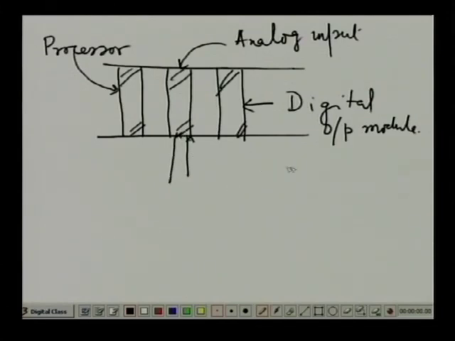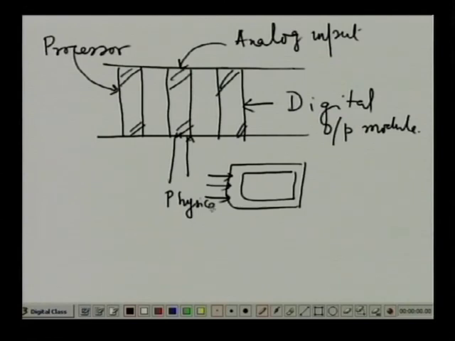Here is a board, so you have all the circuitry here. On this side the physical or field signals are interfaced, and on this side, symbolically maybe in a buffer, the values of these signals are stored.